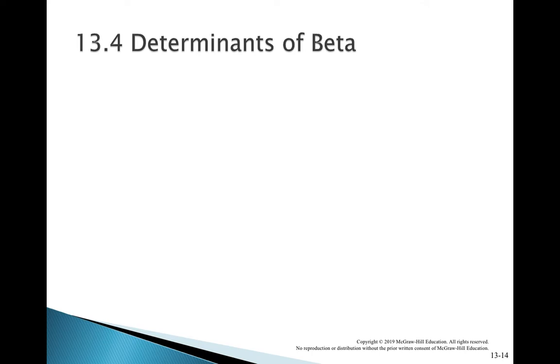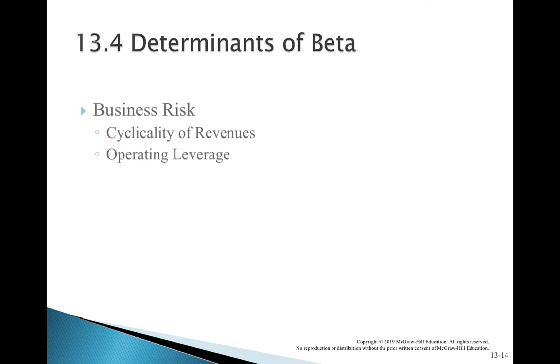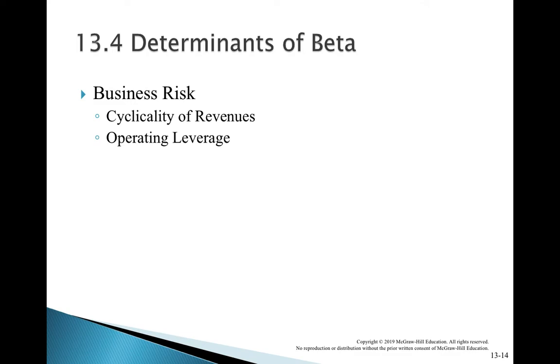The determinants of beta. As we have seen in the previous three slides, the beta changes if the business risk or the financial risk changes. Business risk is generated out of cyclicality in the revenues.